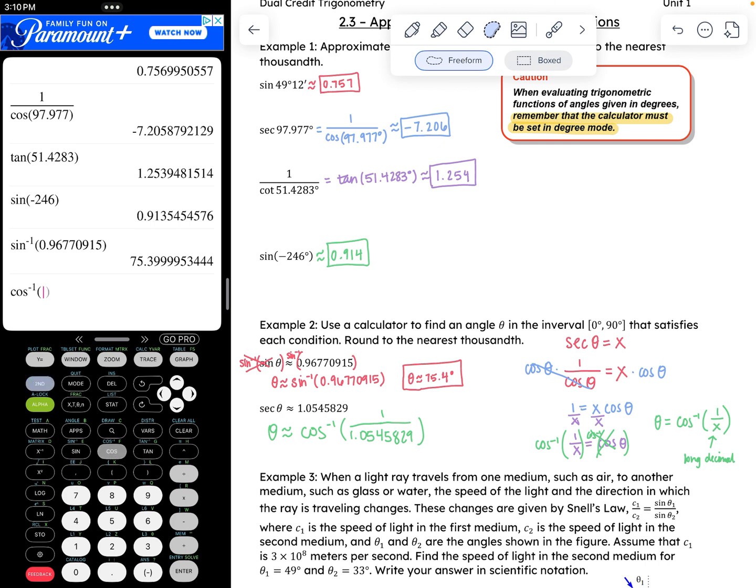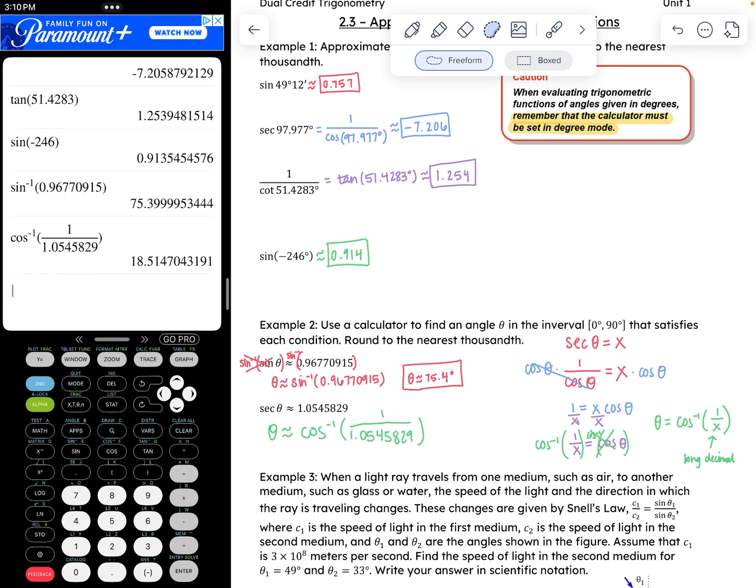So inverse cosine, then my fraction, 1 over 1.054589, and we get that theta is approximately 18.515 degrees. There we go.